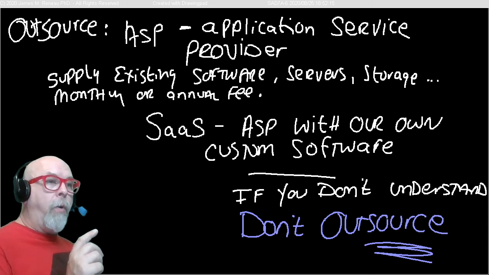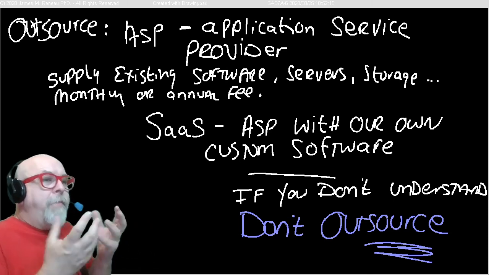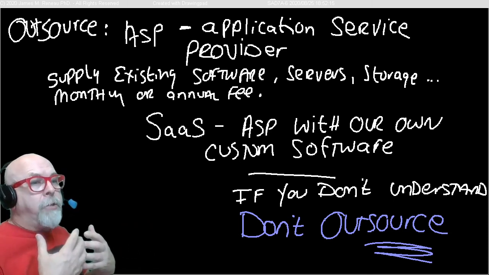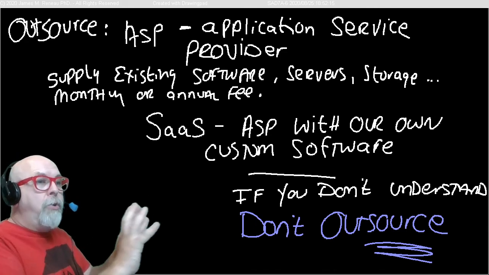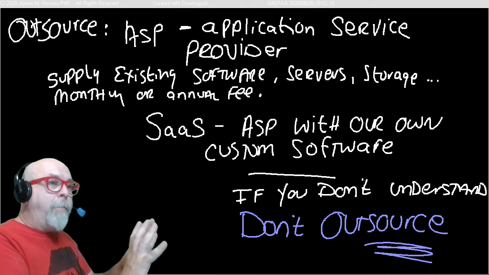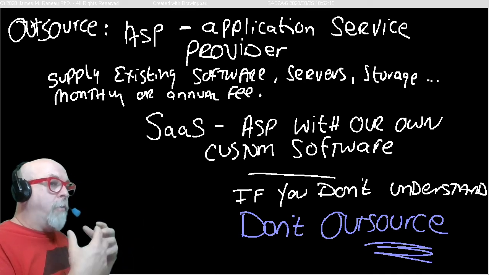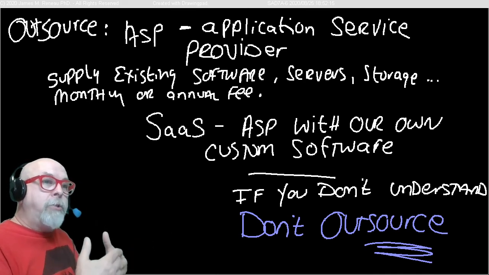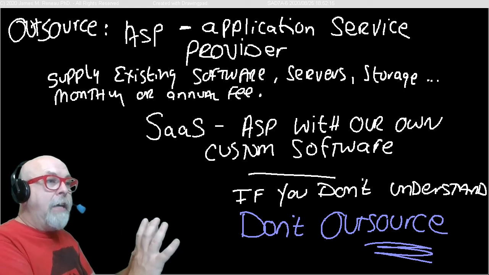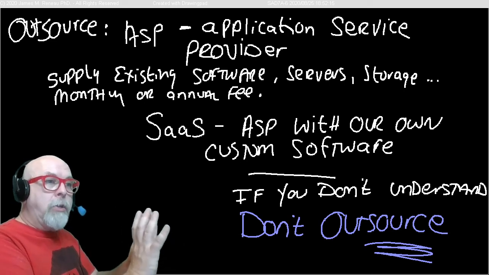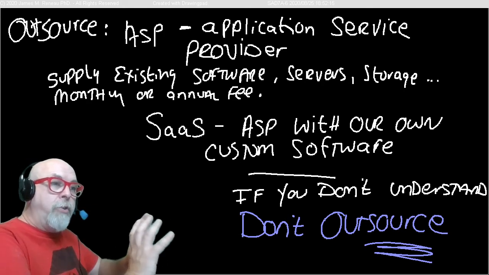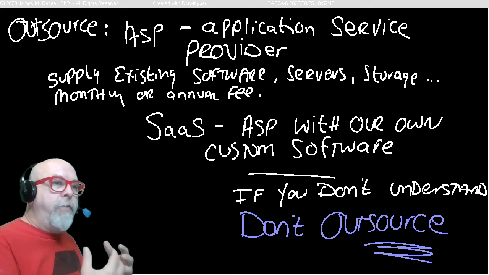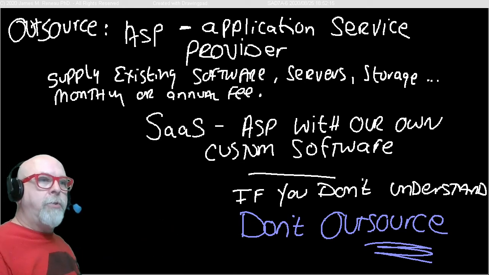Or they say, well, here, we have this software that we wrote in house, but we don't want to take care of it anymore. Outsource it. So we give you our software, and this application service provider runs software that we own or purchased from somebody else, and runs it on their server, storage, security, networks, and all of that, and charges just a simple monthly or annual fee for doing that, moving it off of our servers and onto your servers.